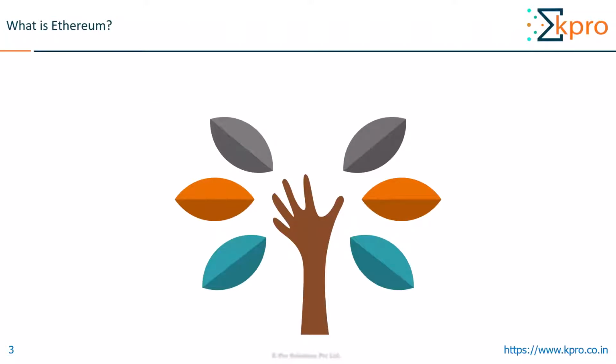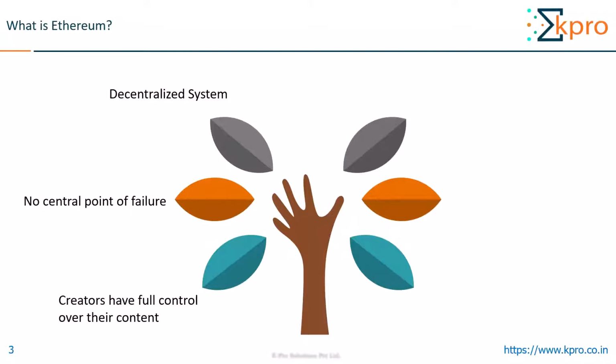So Ethereum is a decentralized system which is autonomous and is not controlled by any single entity. This decentralized system can never go down as it is run by thousands of computers distributed across the globe. Thus, it has no central point of failure. In Ethereum, the creators of applications, etc., have full control over the content, and the personal details of the users stay on their own computers.